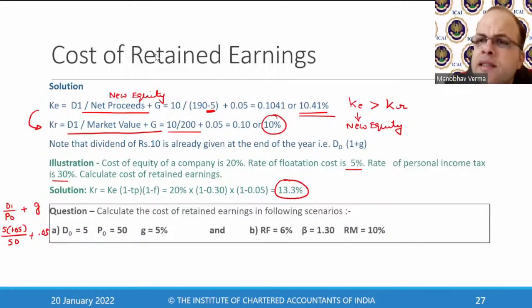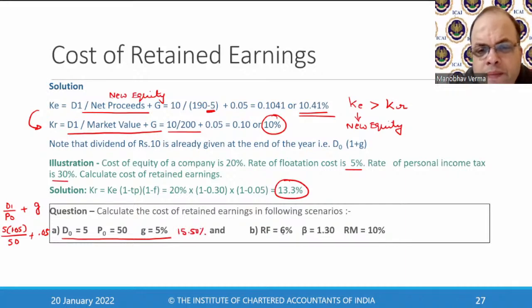Any thoughts, guys? So that means we are looking at 15.5%. Those of you who said 15.5 had a good answer. What about question number B, guys? CAPM. Question number A seems to be 15.5.